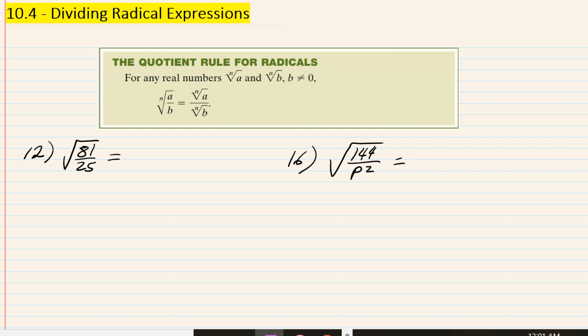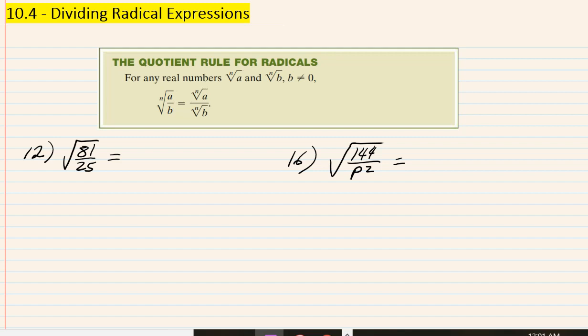So let's take a look at number 12. In number 12, we're going to find the square root of 81/25. Now the question is actually asking very specifically to simplify by taking the roots of the numerator and the denominator.